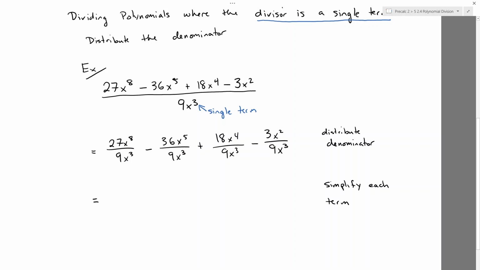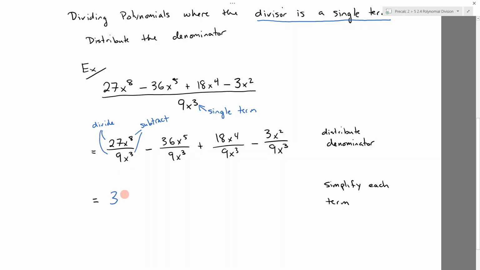So how do we divide? Well, the coefficients you divide, and the rule for exponents is you subtract. We do that for each of these. So 27 divided by 9 is 3.